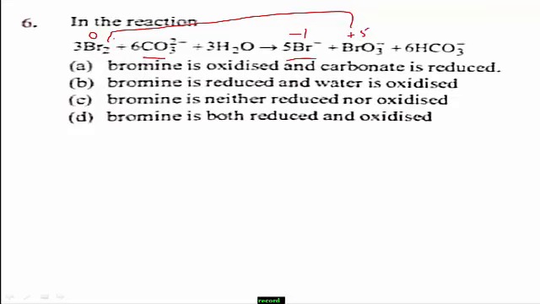In the given reaction, bromine is both reduced and oxidized. Which one is the right answer now? Bromine is both reduced and oxidized. Option D is the right answer.